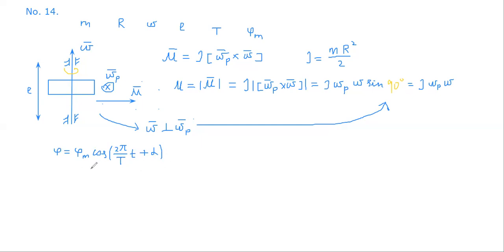According to the description, we have harmonic oscillations. And how do we find omega p from this, the velocity of precession?